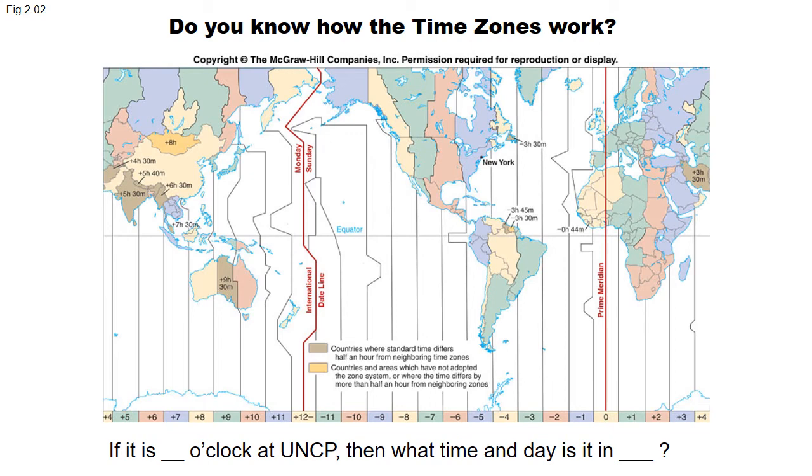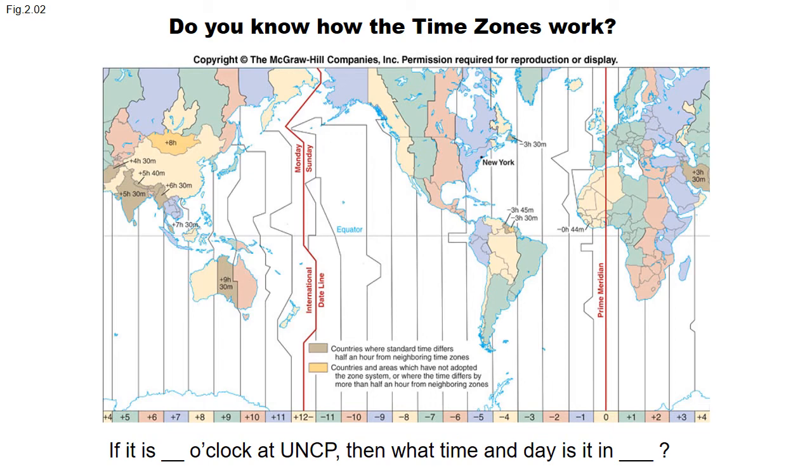Now, on Canvas, in the Chapter 2 module, I have a copy of the time zone map there, and you could print those out. And if you're going to be a school teacher, I suggest making copies of those and passing those out to students and looking at a few examples.